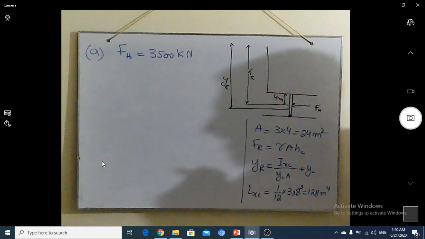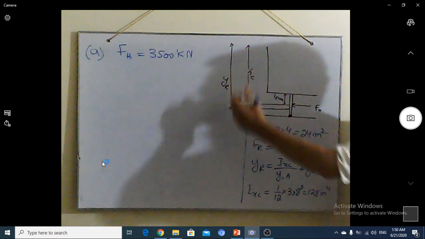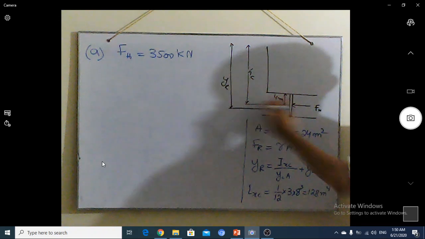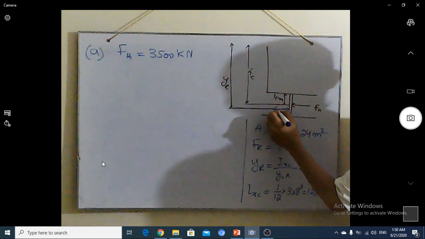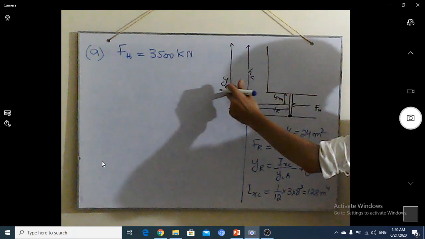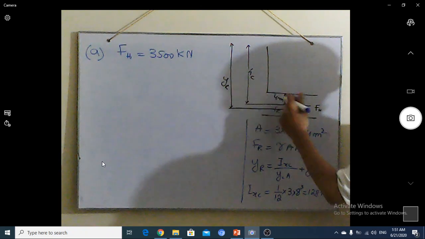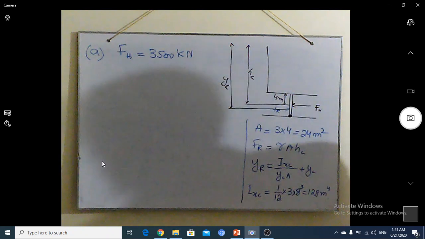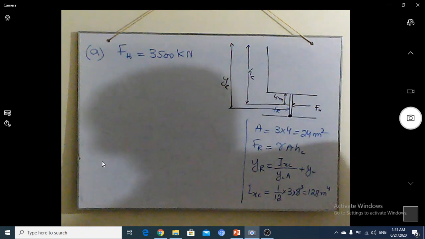On the other hand, the liquid applies its resultant force here, FR. That's why we categorize this height as YR. And there is HC, which is the height of the centroid. I have done a little bit of work here in order to avoid wasting time.